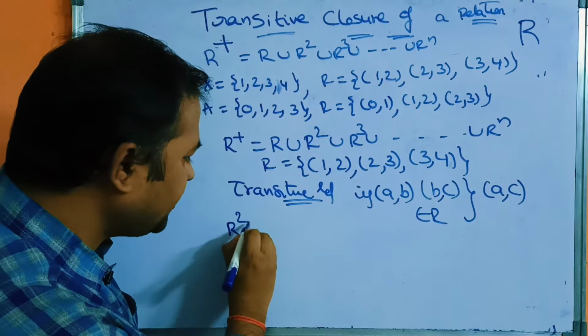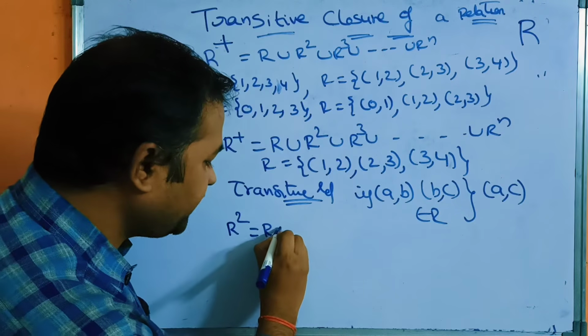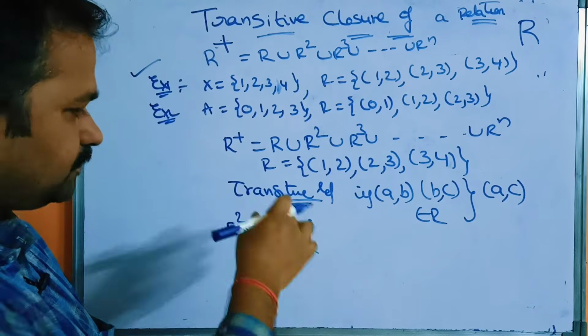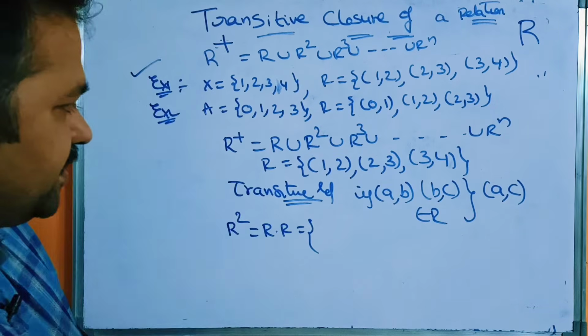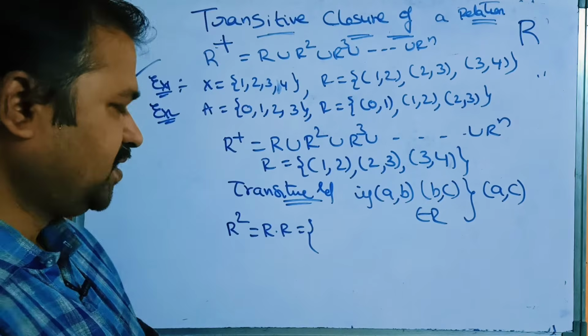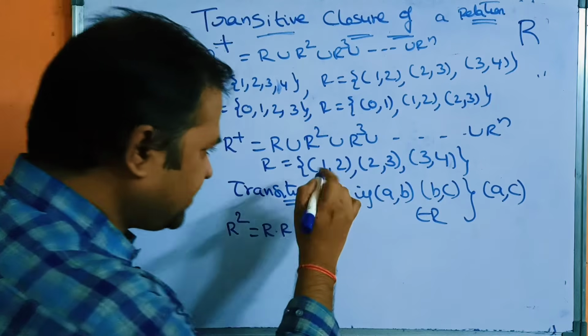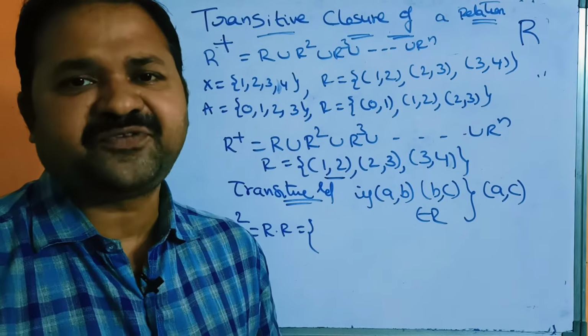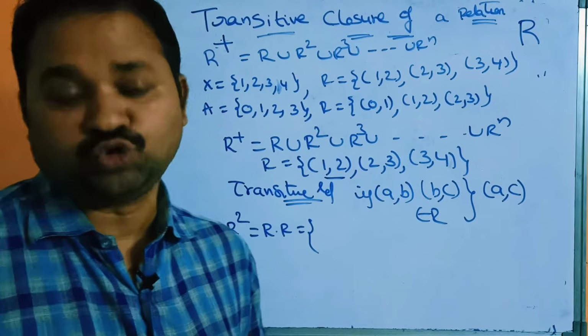Let us calculate R square. So what is R square? R into R. R is (1,2), (2,3), (3,4). First, let us consider the pair (1,2). We have to search for the pair which starts with 2. Why?